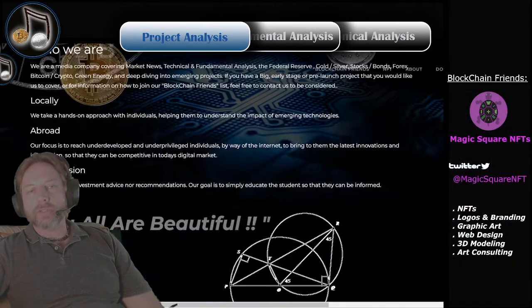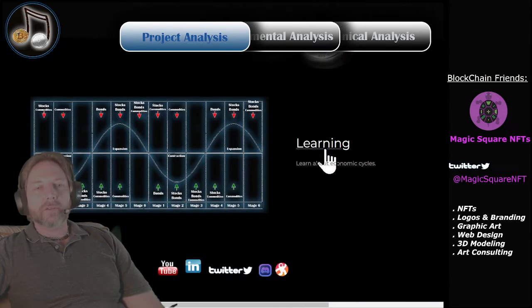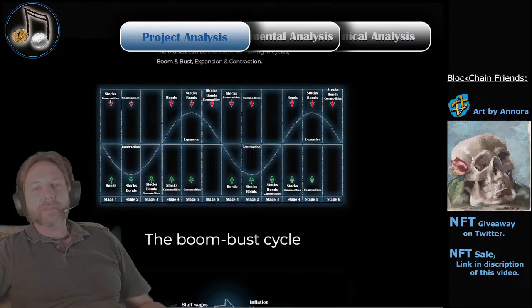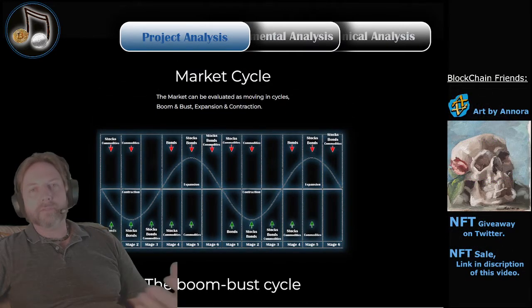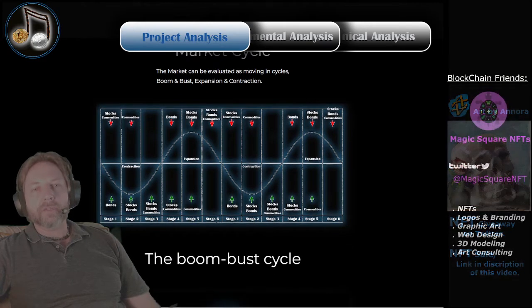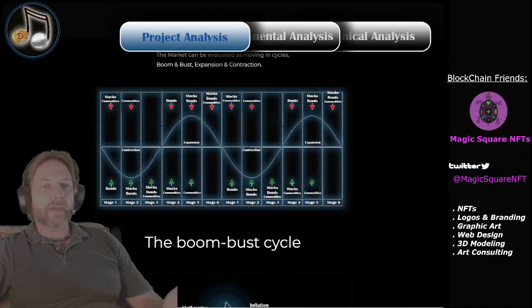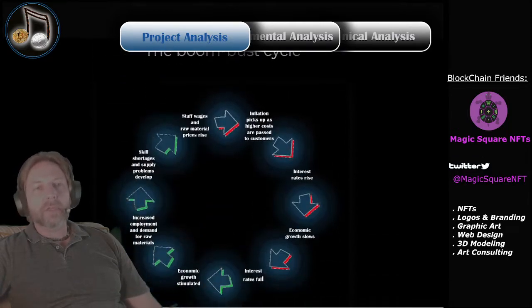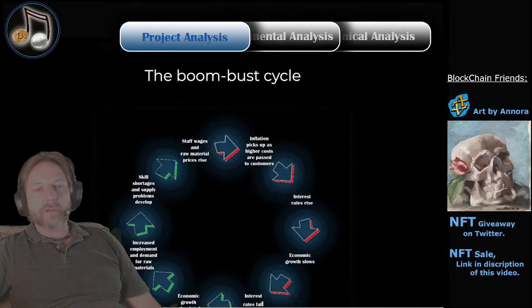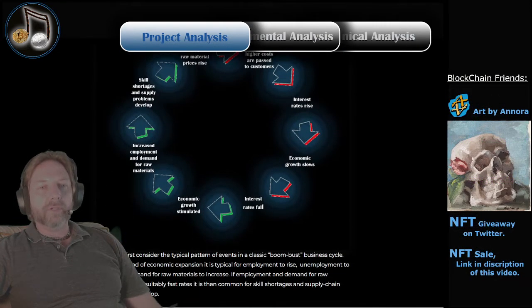This is our website and a little learning section down here at the bottom that we've created. I make this content to basically refer to myself. This is content that I compile that helps me determine where we're at in the market, and I have it available for you. Under our learning section, we see our market cycle. This is a little diagram. This is our boom and bust cycle.